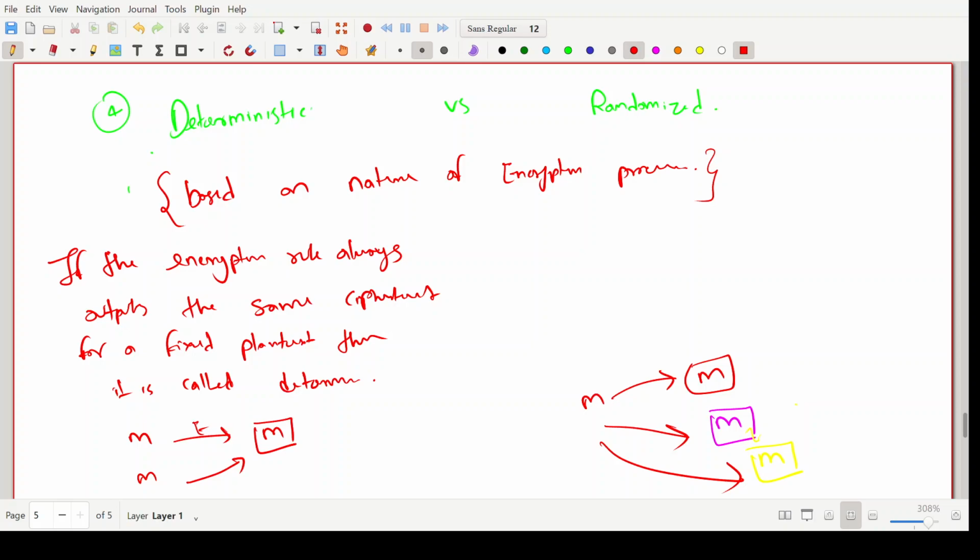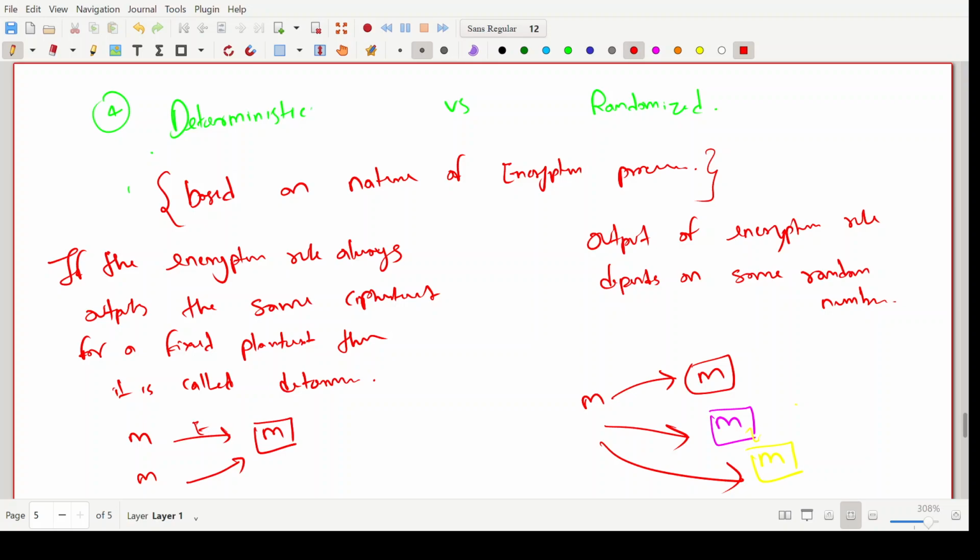So I'll write here: output of the encryption algorithm, encryption rule, depends on some random number. That is, if the encryption of the same message yields a different ciphertext every time depending on some random number used in the encryption formula, then it is called a randomized crypto system.